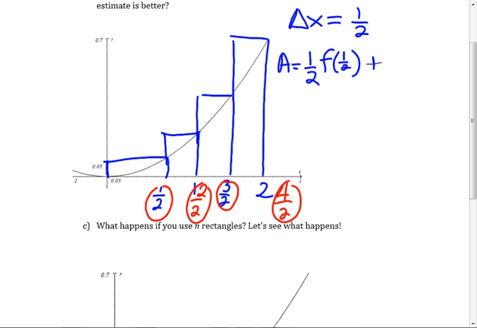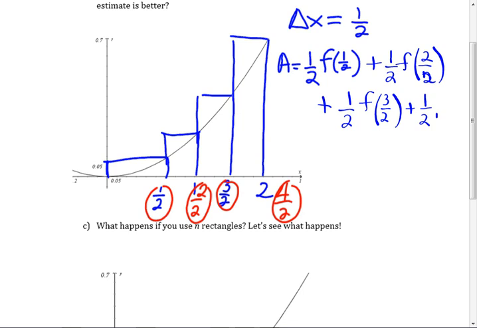So it's plus 1 half f of 1, but that's f of 2 halves. The reason I'm doing that is you're going to see it when I get to n rectangles. So it's 1 half, and then it's f of 3 halves plus 1 half f of 4 halves.